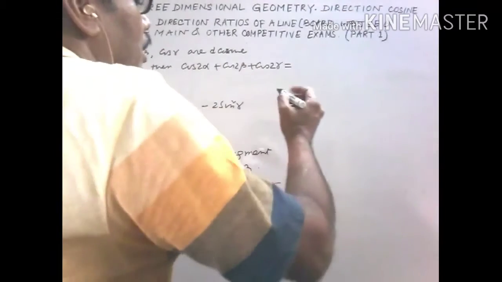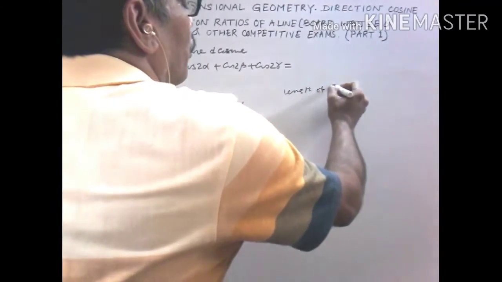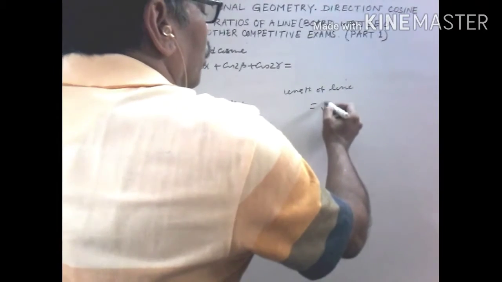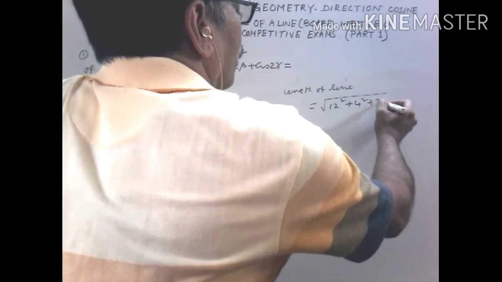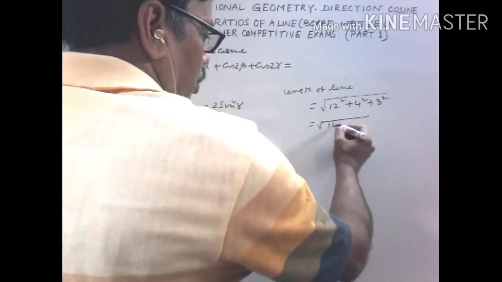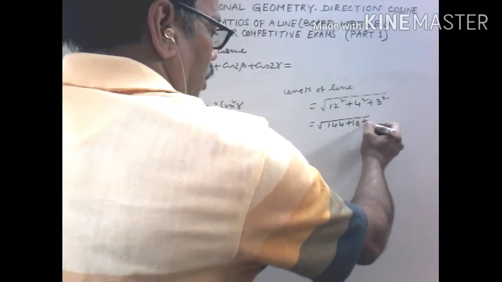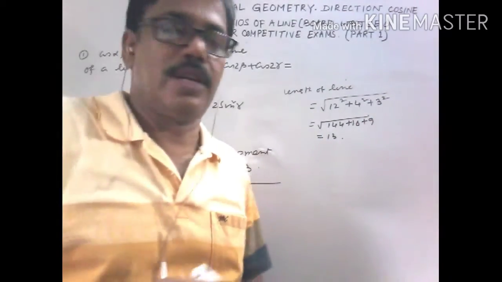So what is the length of the line? Length of the line is root over the sum of the projections whole squared. So this is 144 plus 16 plus 9, which is 169, so the length is 13.